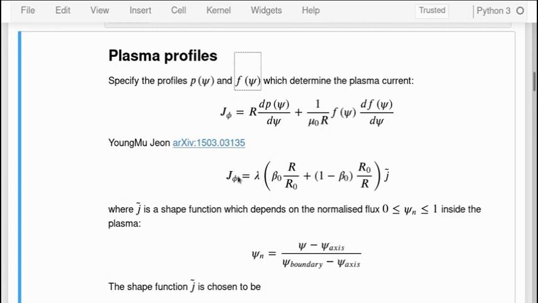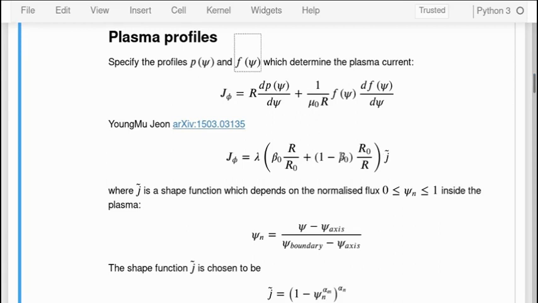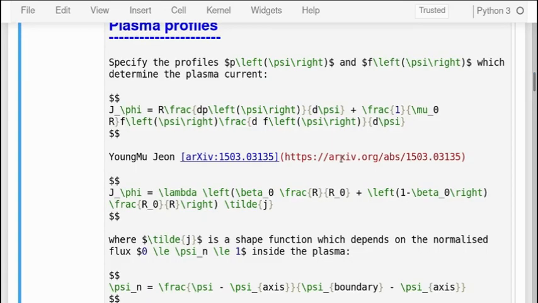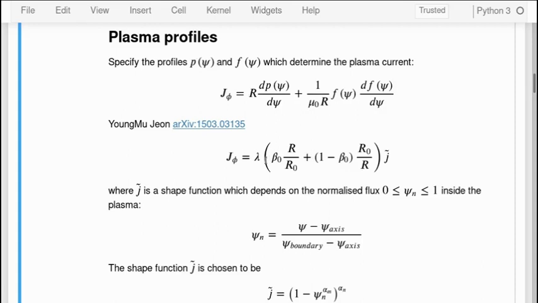And so what we do is we write the toroidal current as a constant times major radius, and another constant times 1 over major radius. And this is multiplied by a shape function which only depends on psi. And so by tuning this parameter beta naught, and by tuning this factor lambda, we can vary essentially whether the current is due to the pressure gradient or due to this F. And we can change the shape of the current profile by modifying this J tilde shape function.